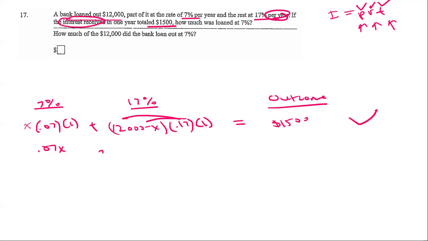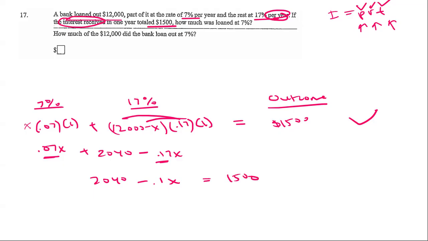So this is going to give us 2040 minus 0.17x. Then we're going to simplify this. So 0.07x minus 0.17x is going to give us minus 0.1x. And we still have the 2040 in the front equals 1500.